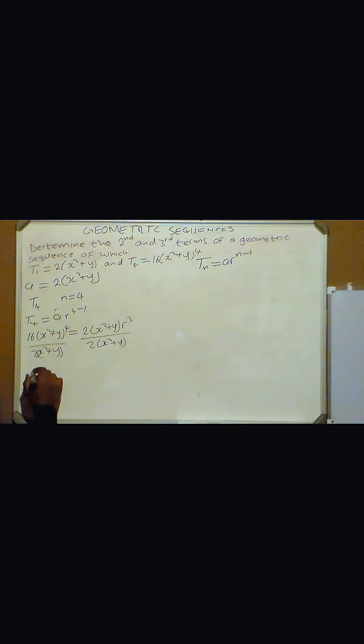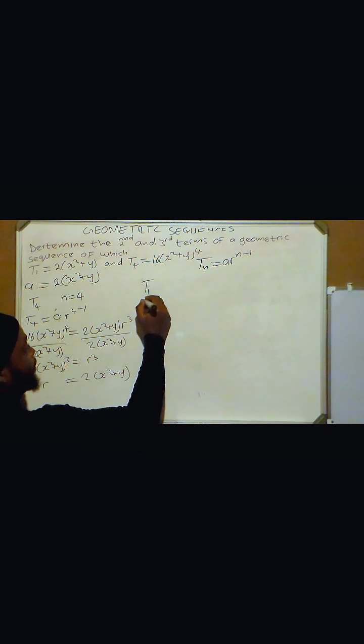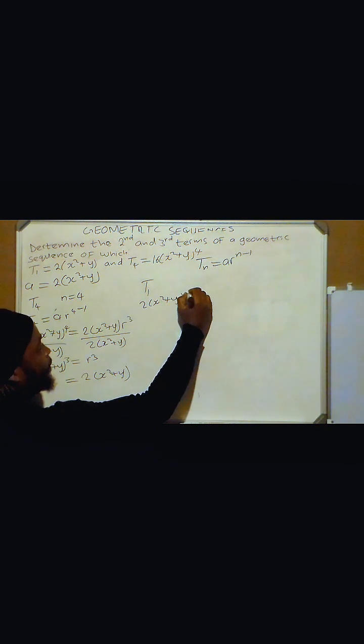So this will give us (8x squared plus y) to the power 3 equals r cubed. Therefore, if I cube root both sides, I would have r equals 2x squared plus y. So this is our common ratio. We already have our term number 1, which is 2x squared plus y.